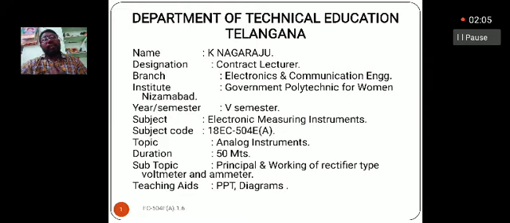For example, if you are using a DC ammeter, the measurement of current with the help of the DC ammeter is in the form of direct current. The instrument is the same for measuring the current only, but we have AC instruments as well as DC instruments. At the same time, for voltmeters also we have the DC voltmeter and AC voltmeter.